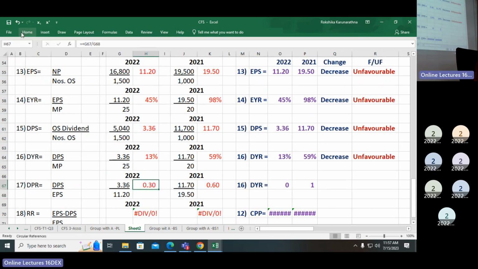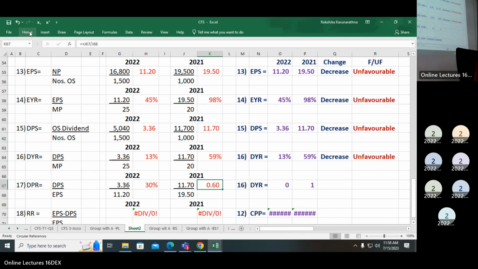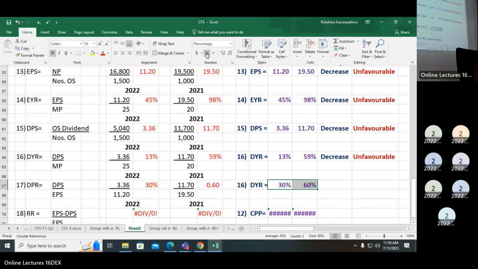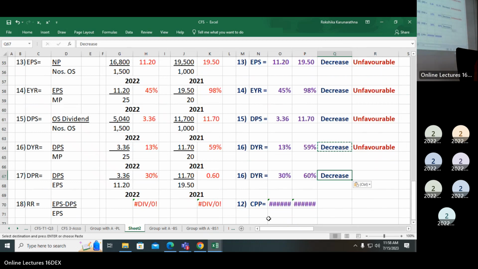We can keep this as a decimal or as a percentage. Then we have retention.